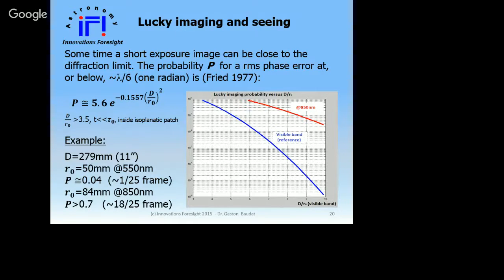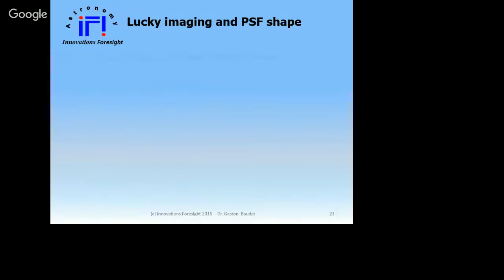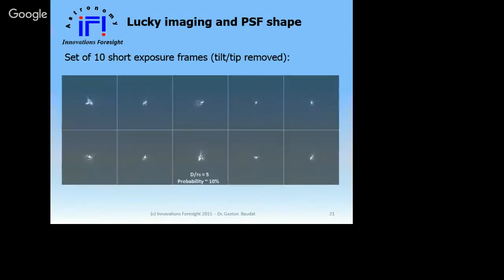If you go to the infrared, let's say 850 nanometers, or the seeing becomes better, which is the same thing, then the probability goes up pretty dramatically to 70%, and now you have a success rate of 18 frames out of 25. And here I have an example where you can actually see a set of 10 short exposure frames.